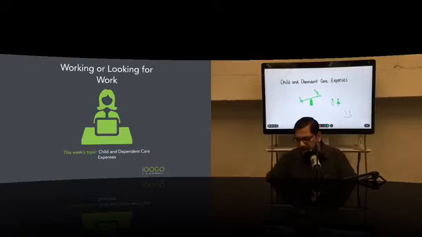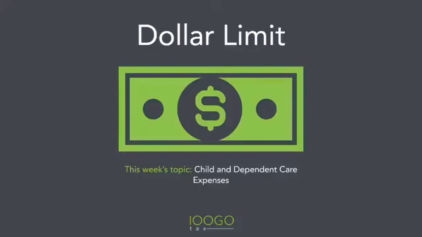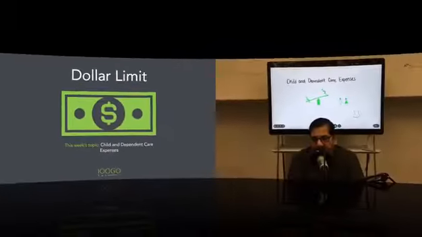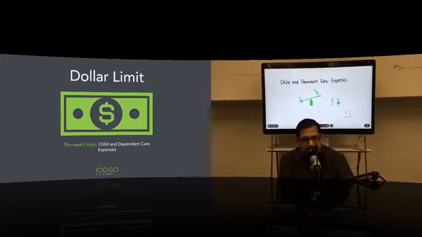All right, let's move on and go into the dollar limit. And there is a dollar limit when it comes to expenses, right? So how much money can I claim in expenses for the dependent care credit? It's very simple. You can claim up to $3,000 for the first kid in expenses.